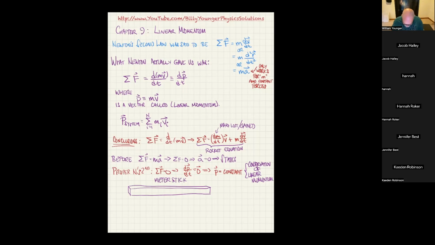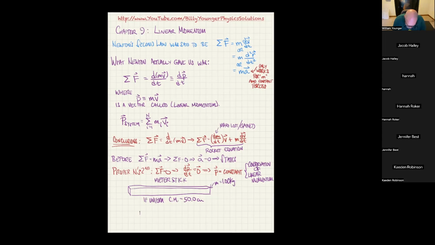So in this case, we would say the center of mass, if it's uniform, is equal to the 50.0 centimeter mark. Okay, and let's say its mass is equal to 1.00 kilograms.